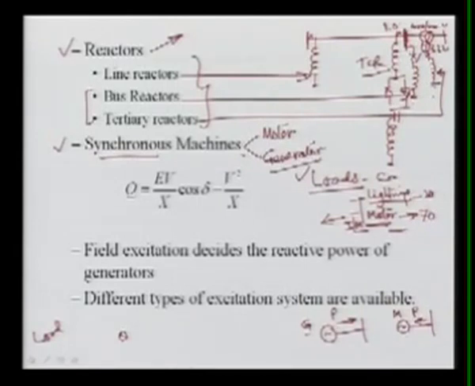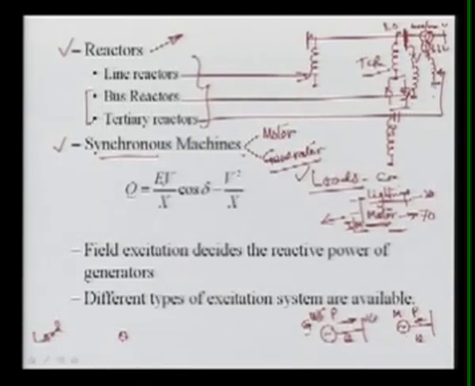Now if you write Q here, and this is also Q, the expression I have written for Q, the reactive power, is E into V divided by X, where E is the internal voltage, V is the terminal voltage, and X is the reactance of the generator, times cos delta, minus V square upon X. Delta is the angle between them: let's suppose V is at angle 0 and E is at angle delta.